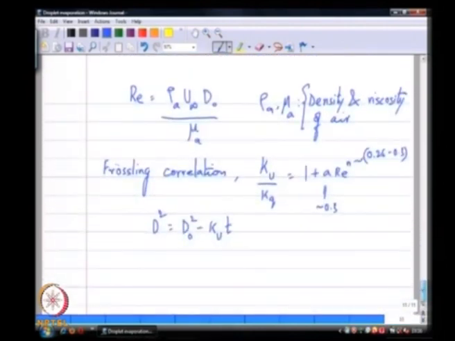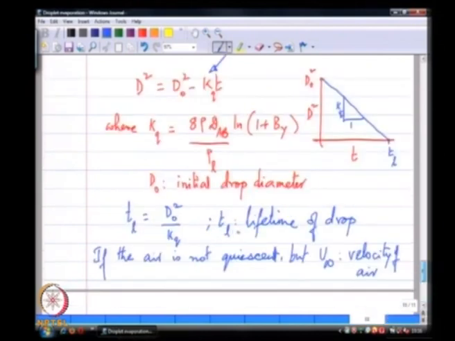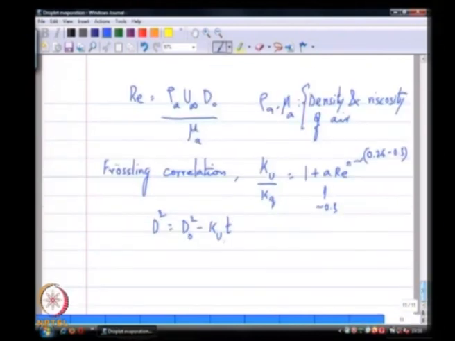Then we went on to include a correction to this analytically derived d squared law to include effects of advection.